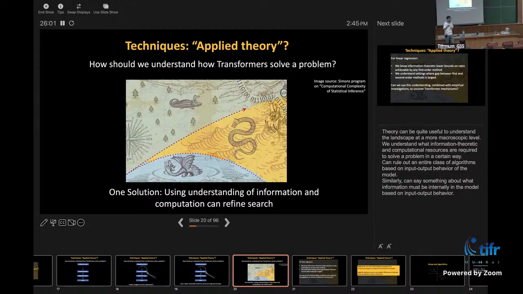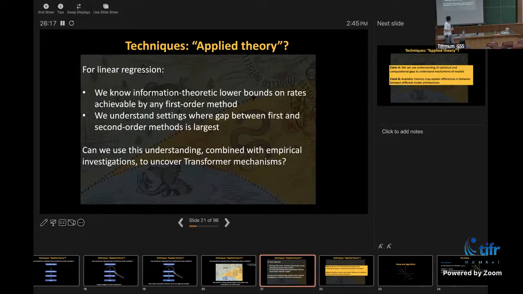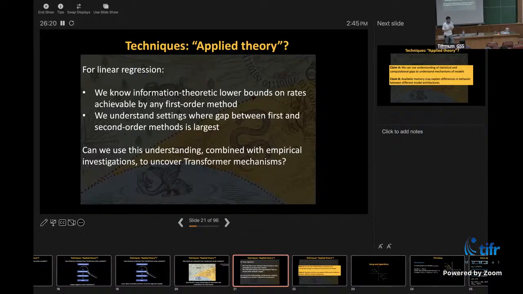And could we say something about what the model cannot be doing internally? So could we maybe rule out entire classes of algorithms just by looking at the behavior of the model without really looking at what is happening in the weights, by using some of our understanding of what different algorithms look like for the problem? So for example, over here for linear regression, we understand the theory really well.